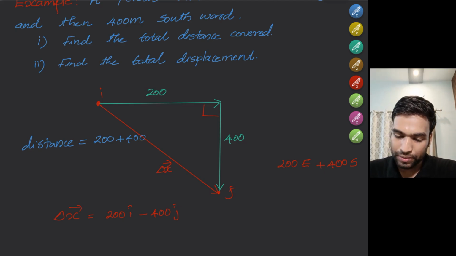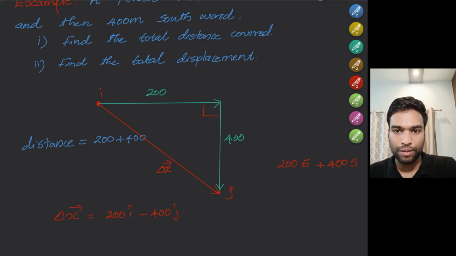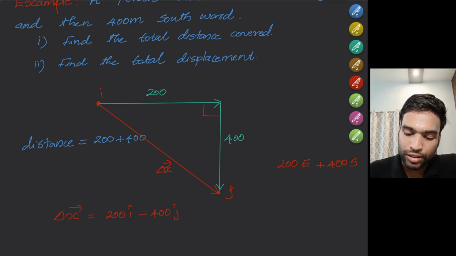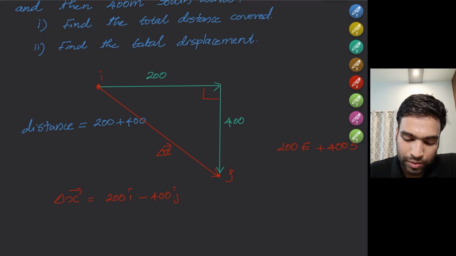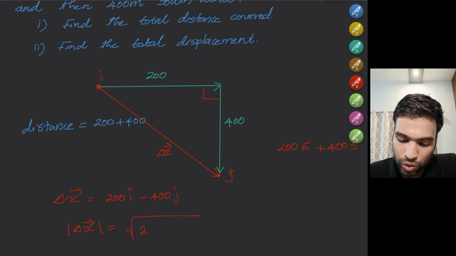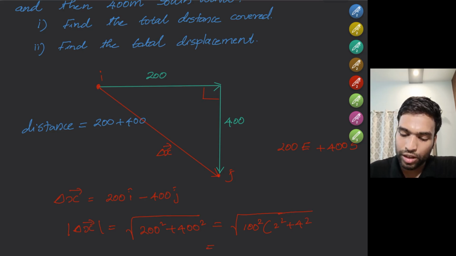That's why I'm writing 200 i cap minus 400 j cap, because j cap, the positive y direction, is usually upward, right? Good. Therefore, the magnitude, modulus delta x, equals square root of 200 squared plus 400 squared, which is square root of 100 squared into 2 squared plus 4 squared, right? Therefore, you can take the 100 outside.